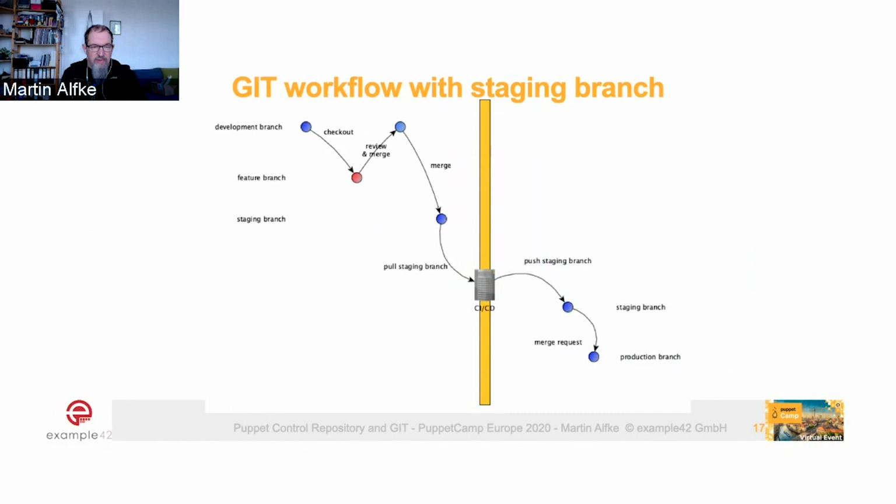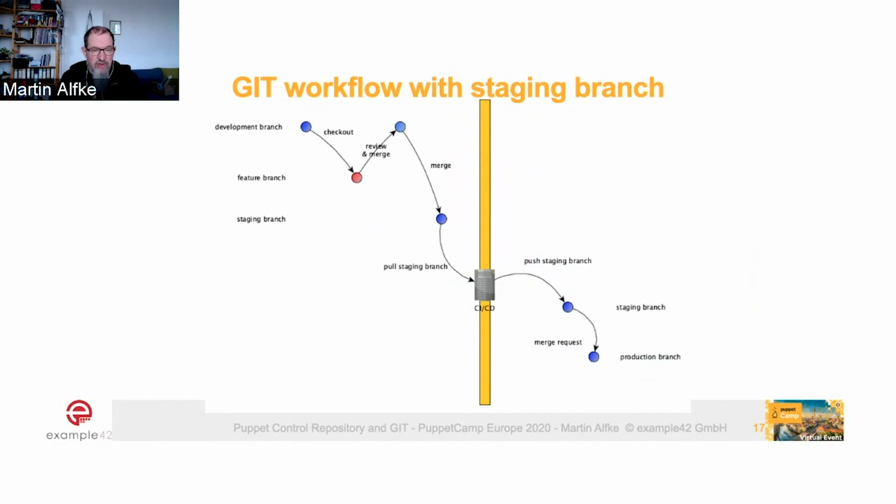Also adding a little picture to it. We have our development branch, which is our default branch in this case. We can check out a feature branch. Now we can create a merge request and have it reviewed. Once that is merged, a next merge request will be automatically created by a CI/CD to some kind of staging branch.